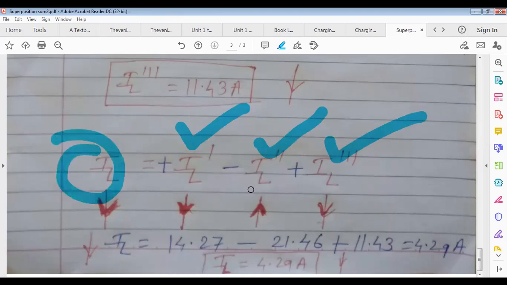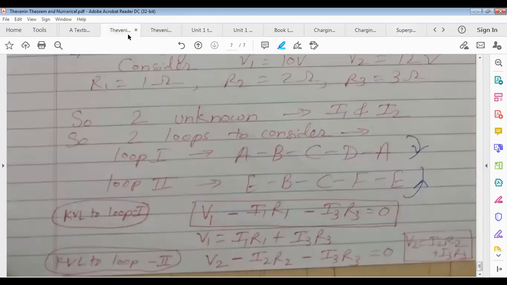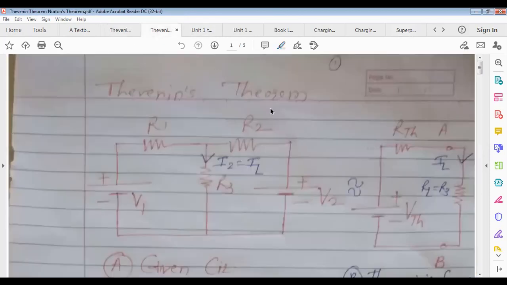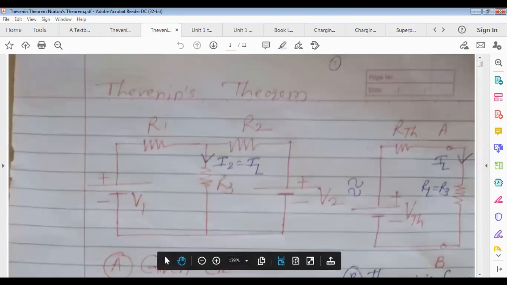then this IL. Okay, if only 2 sources are there, one we have seen on superposition, one more is there, no? One more document is there, 1 minute. Not here, I think.